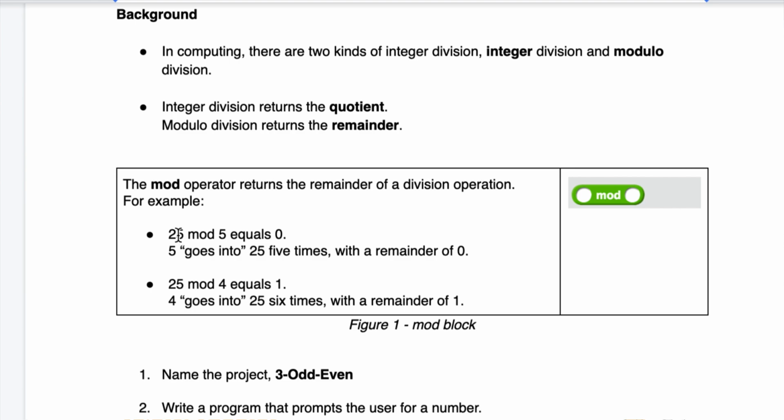So this is true for 30, 35, 40, 45, and so on. Now, over here, if we mod 25 by 4, the remainder is a 1 because 4 goes into 25 6 times, which would equal 24, has a remainder of 1.